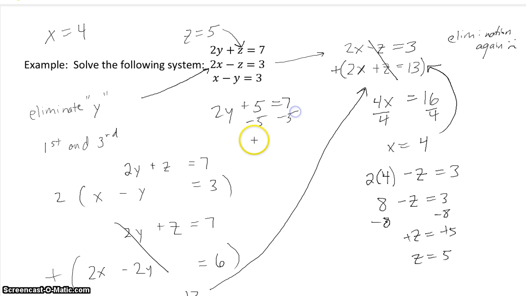Minus 5, I get 2y equals 2. Divide by 2, I get y is equal to 1. So I have 3 answers. Now, when you had 2 before, we write it as an ordered pair. And with 3 answers, you do the exact same thing, except you just extend it out one more number. It's an ordered triple.